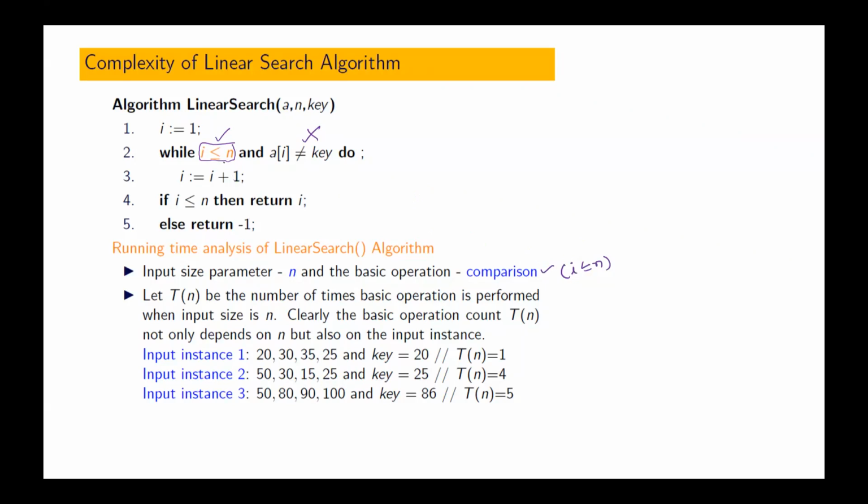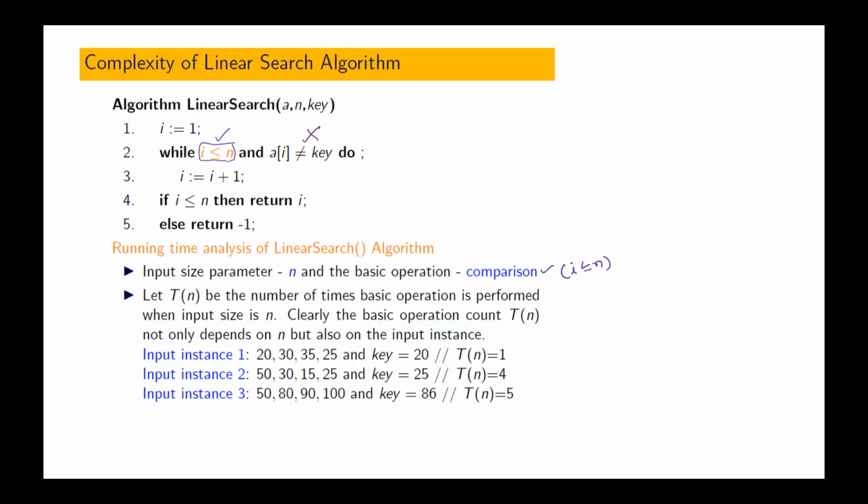Now, you tell me whether T of n depends only on n, or also on the actual values in the input, that is, the input instance. Actual values also, no?